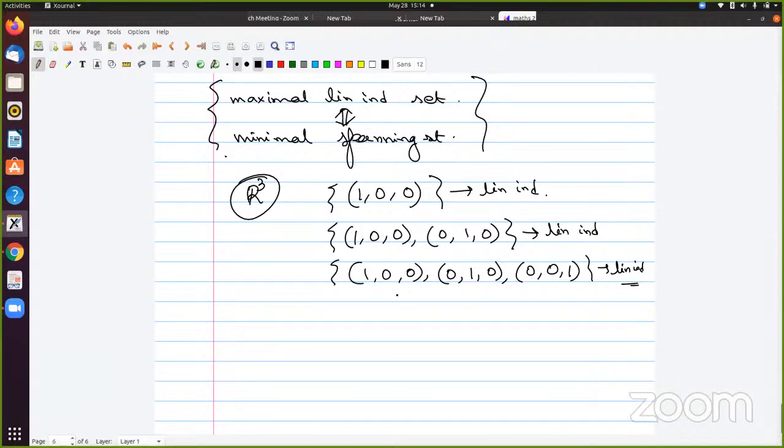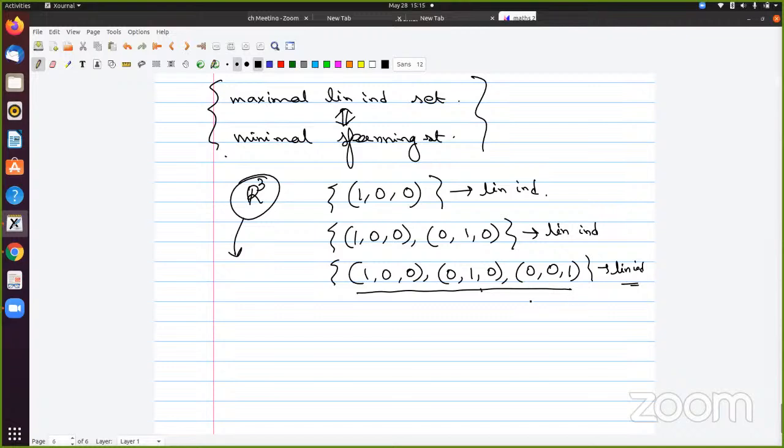Because this set, as you are seeing, will span the whole of R3, right? So any vector in R3 can now be written as a linear combination of these three. If I put in any other vector, it can be written as a linear combination of these three vectors, so that will not be linearly independent. So this set cannot be extended further to a linearly independent set.